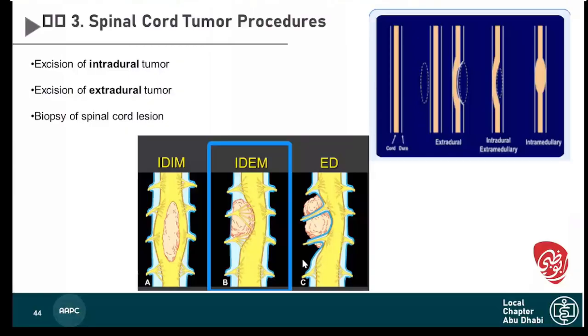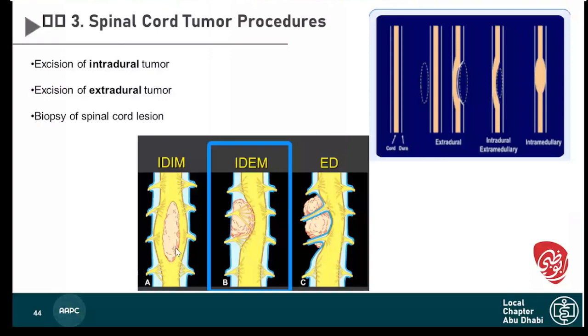If the tumor is located inside the dura, it is intradural. Two types of intradural tumors are there: intradural intramedullary and intradural extramedullary. This yellow colored structure is the spinal cord. So intradural intramedullary means a tumor that grows within the spinal cord.